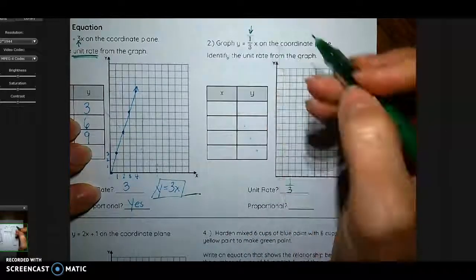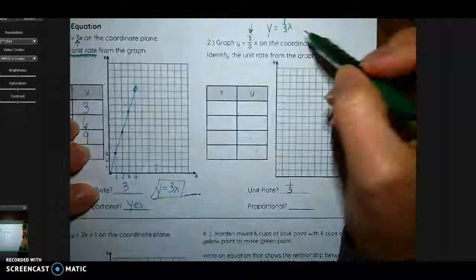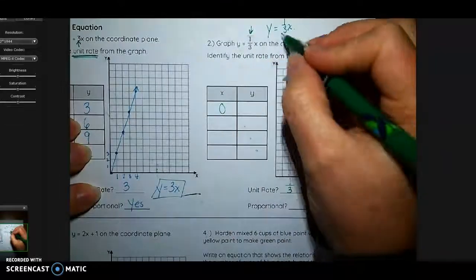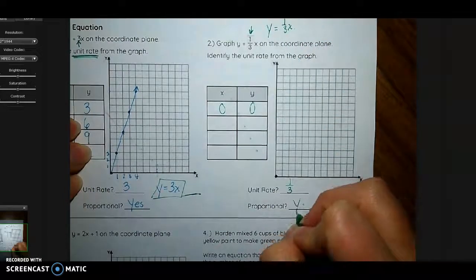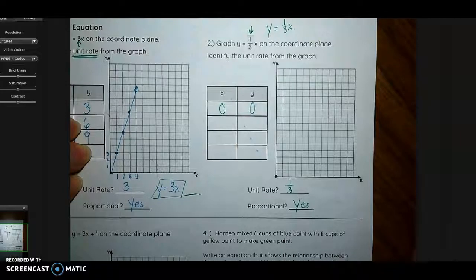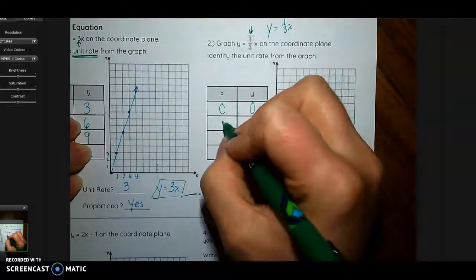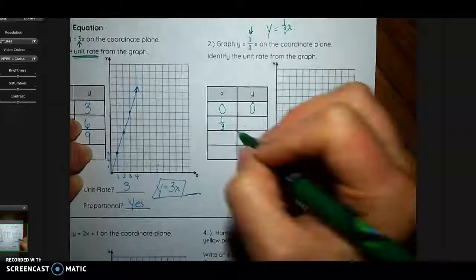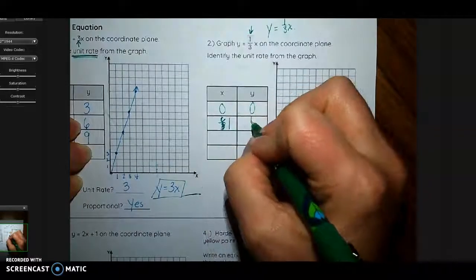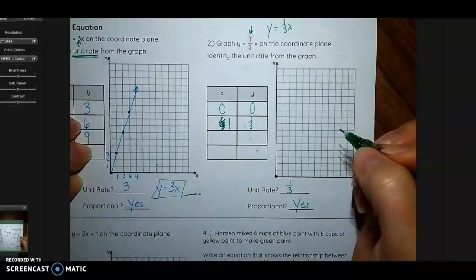Now it also means if this is my equation, when I put 0 in for x, I'm going to get 0 for y, which means it goes through the origin. And yes, that means it is proportional. If this is 1, my y will be 1/3.